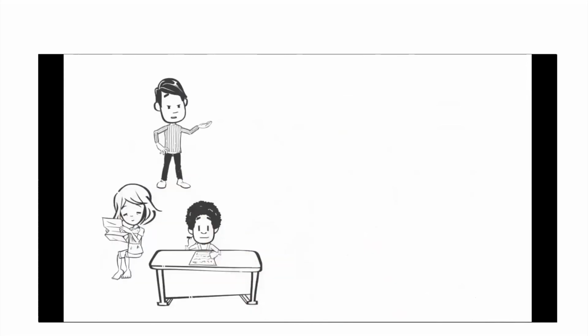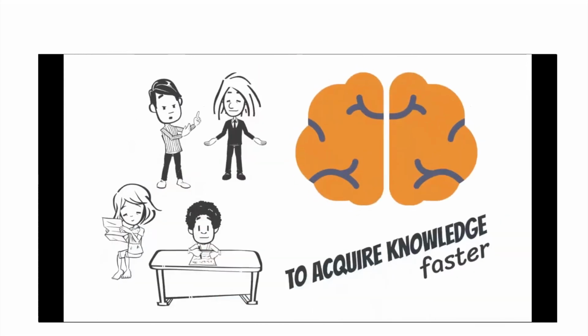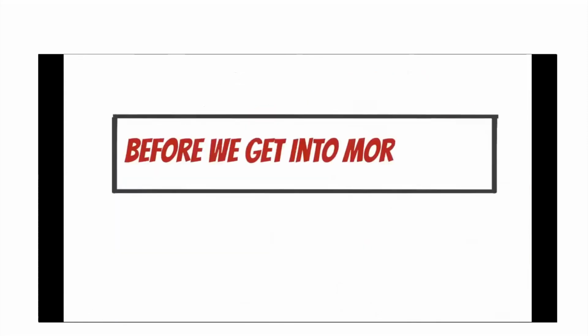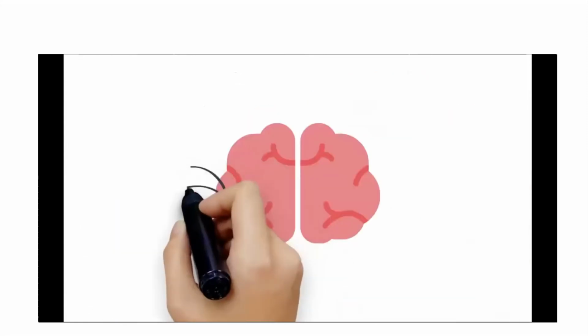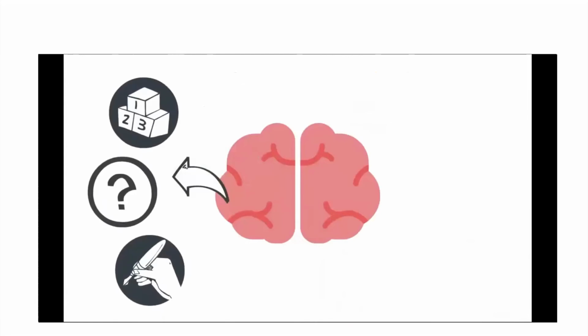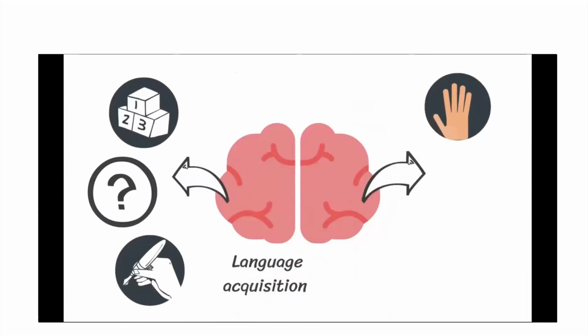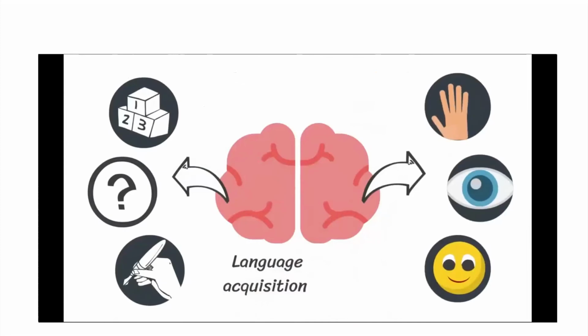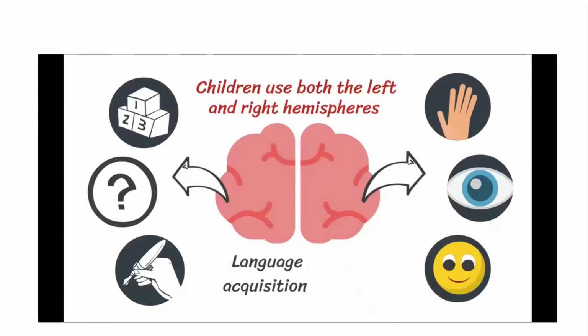Asher believed that as children, we use both sides of our brains to acquire knowledge faster. Now, before we go into more detail, let's have a look at the brain. The leftmost hemisphere of the brain is responsible for, amongst other things, language acquisition, and the right side of the brain is responsible for motor responses and movements. Asher had the idea that children use both the left and right hemispheres of their brains simultaneously while learning a language.